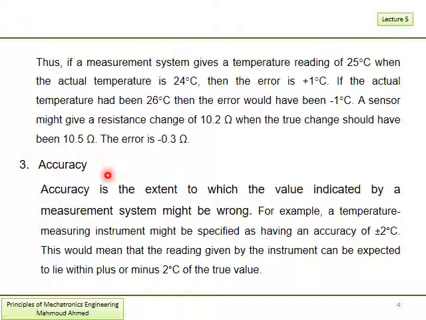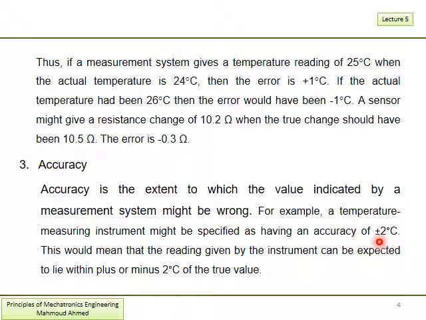Definition 3 is accuracy. Accuracy is the extent to which the value indicated by a measurement system might be wrong. Let's have an example in order to express this sentence. For example, a temperature measuring instrument might be specified as having an accuracy of plus minus 2 Celsius.